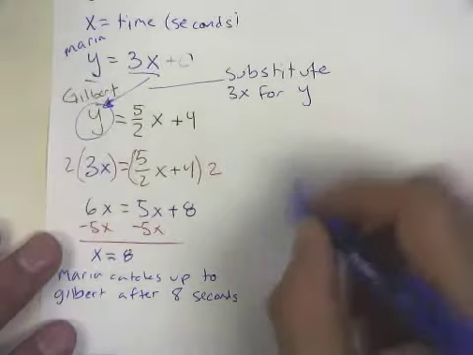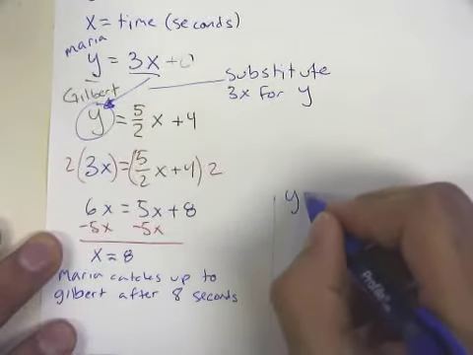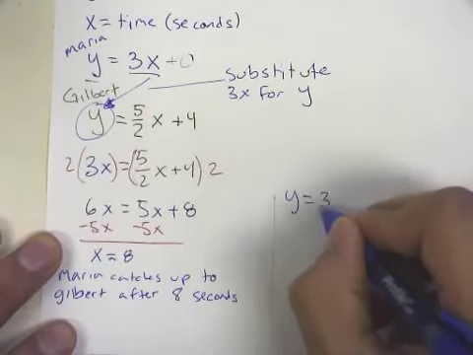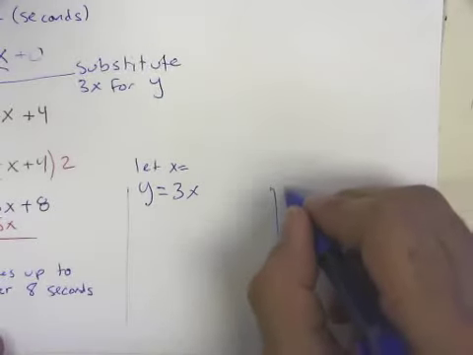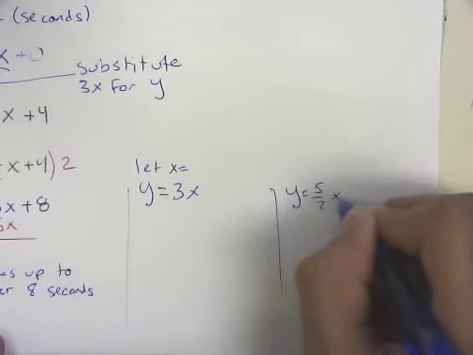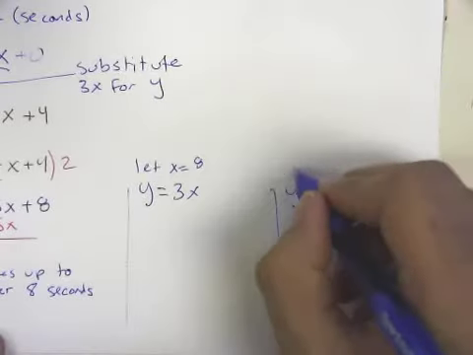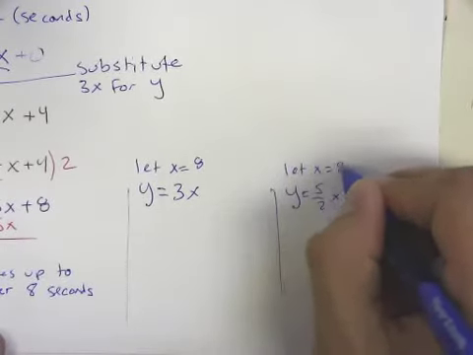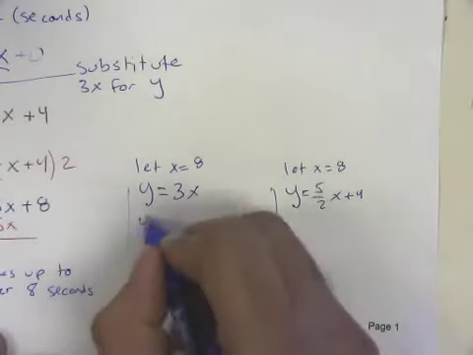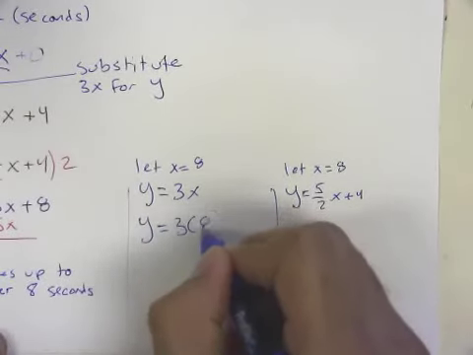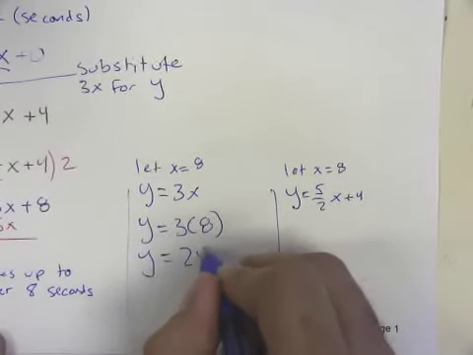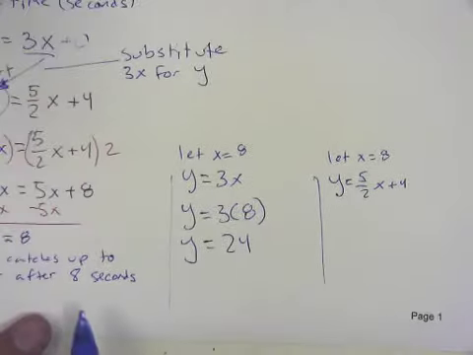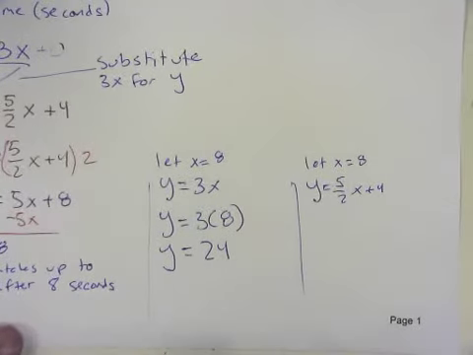Once we know how long it's going to take, we can easily find how far away from the starting line they're going to be, either by finding Maria's distance after 8 seconds, so that would be letting x equal 8 in Maria's equation, or by doing the same thing for Gilbert's distance. What we should recognize here is because we've said that 8 is the value and the distance would be the same, both of these should give us the same thing, which is that Maria catches up to Gilbert at 24 meters.